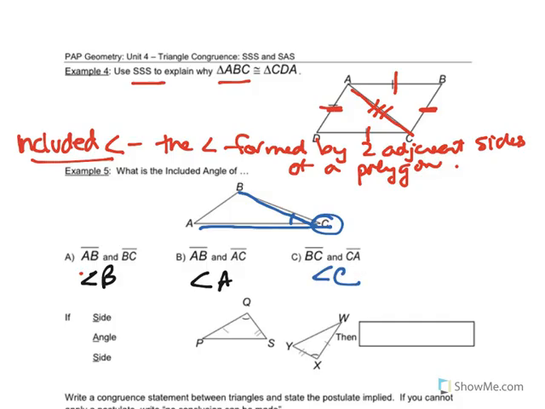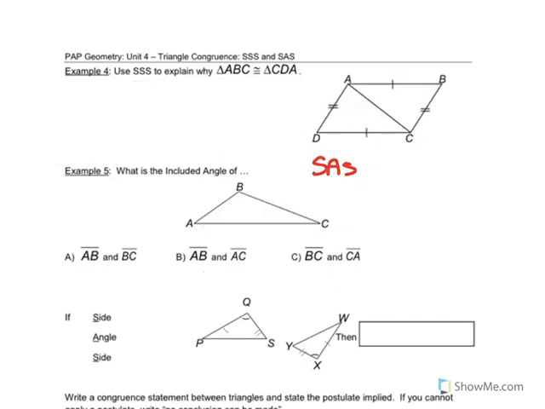Now, I want you to write down this postulate. Okay, side angle side states if two sides and the included angle. Now, this is really important because I want to just say one more time.